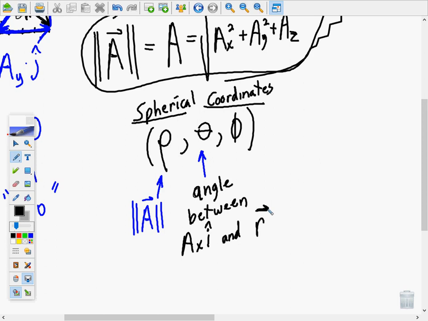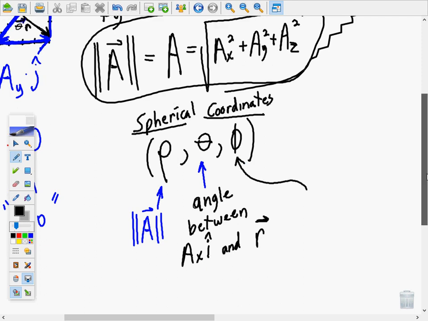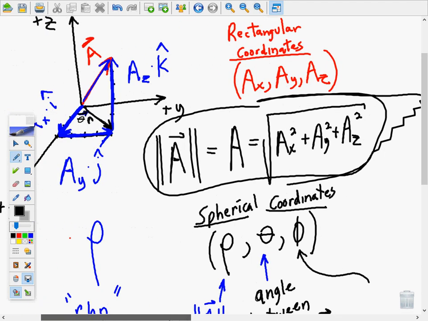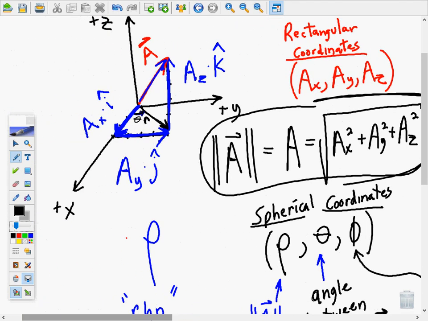And then phi is the third thing you'd have to state. And going back to my diagram, phi is the angle between the positive z-axis and vector A itself. It's not in the plane of any of the coordinates. It's not in the xy plane, nor is it in the yz plane or the xz.